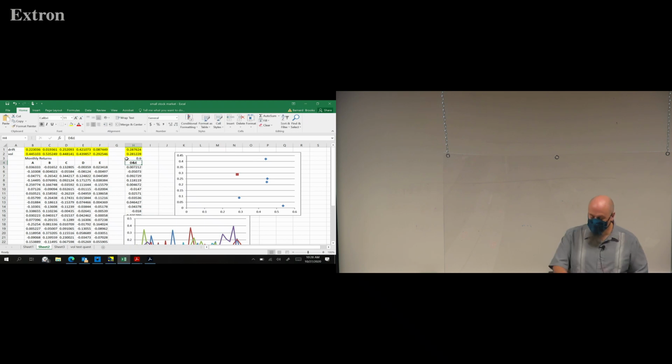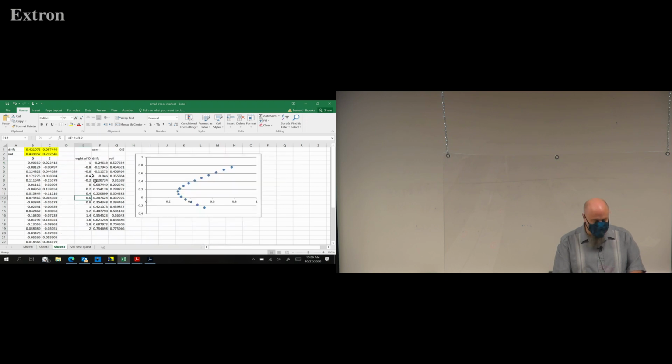I'm moving around here by changing the weights. This is all the weights. So 0 would be all of stock E and none of stock D. 1 would be all of stock D and none of stock E.